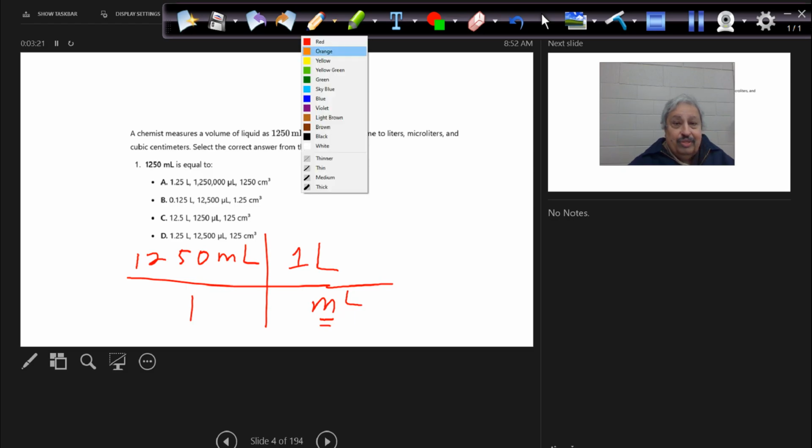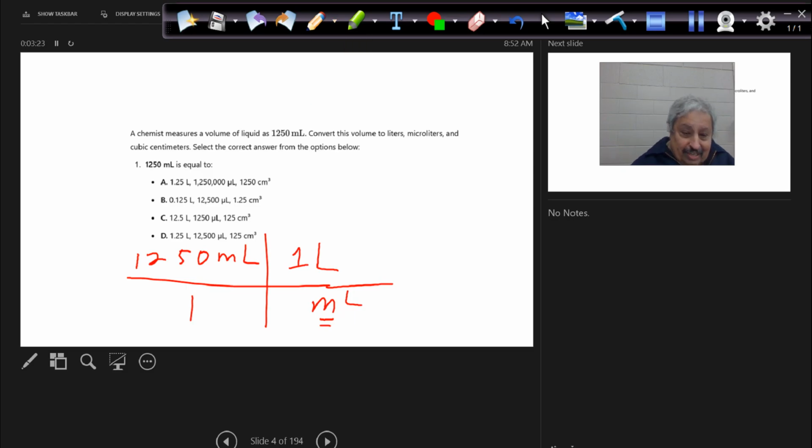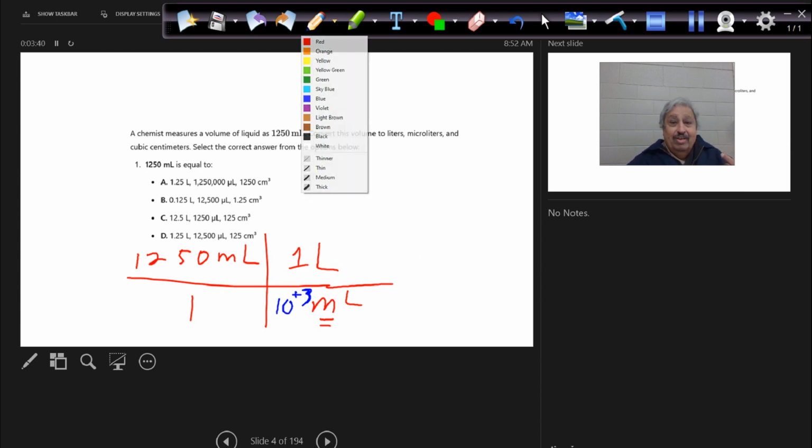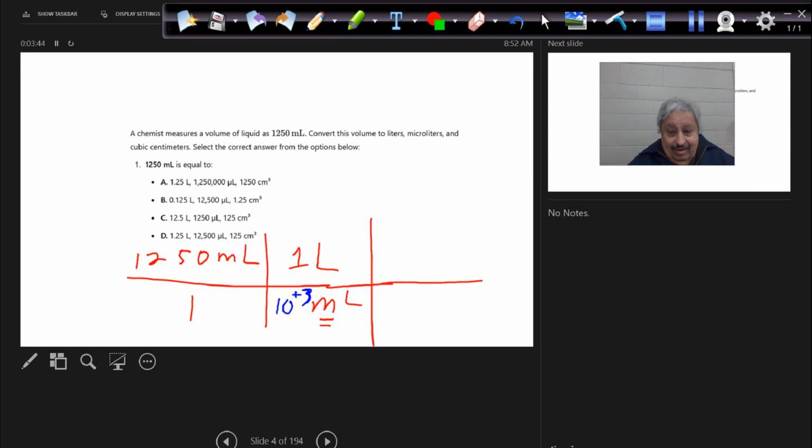So with the exponent I have to put in front of this 10 plus 3. Everybody agrees that the m is milli, 10 minus 3? I have to put the opposite of the exponent, correct? You remember that? Then I have 1 liter here to cancel the liter.